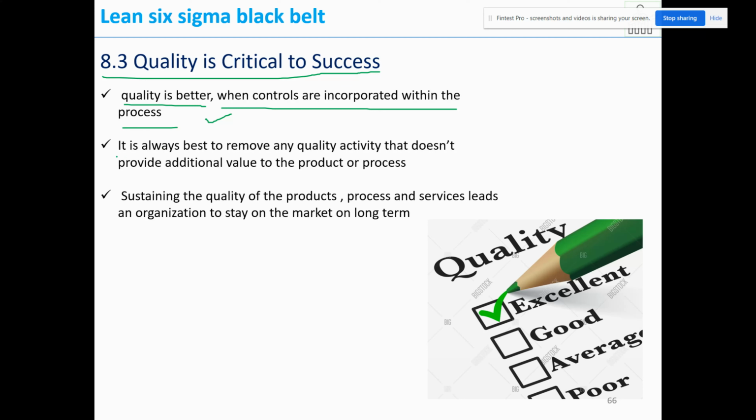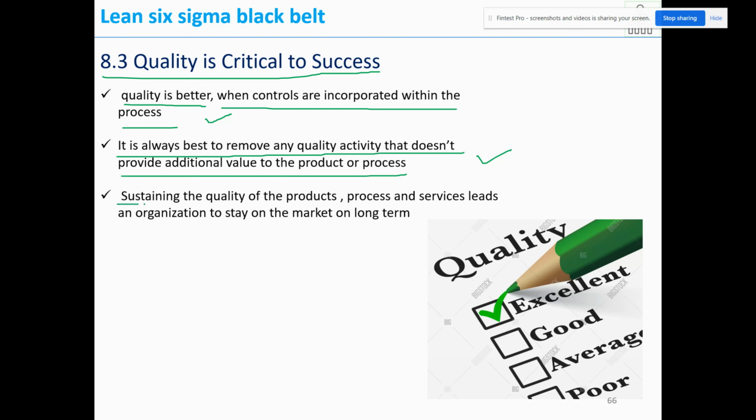Now, it is always best to remove any quality activity that doesn't provide additional value to the product or process. So simply people inspecting will not add any value to the product, and it will be an extra cost to the company. In those cases we can remove it.